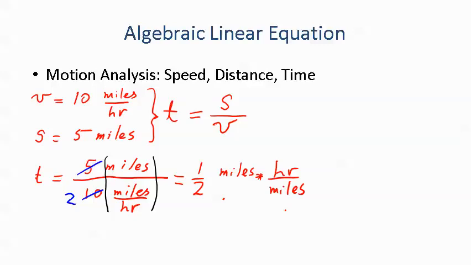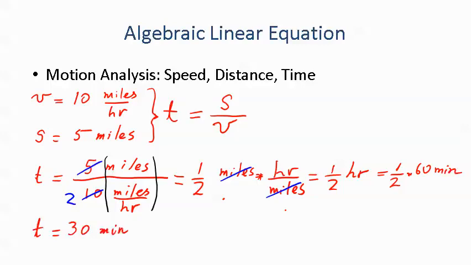When we perform this nested fraction analysis, we find out that the units of distance cancel out, and our final result is 1/2 hour. And of course here, we can take an extra step and say 1 hour is 60 minutes, and then we can find the time in minutes, which is 30 minutes.